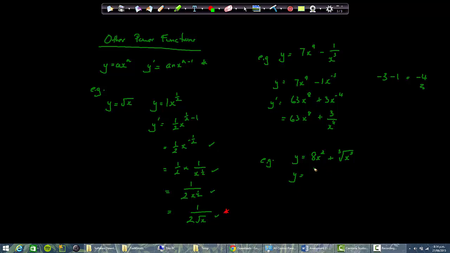Well, we need to put that root thing into a power form. Now remember, that's the cube root, so that's x to the power of a third of x to the power of 5, so that's essentially the same as that. So that would be x to the power of 5 thirds.